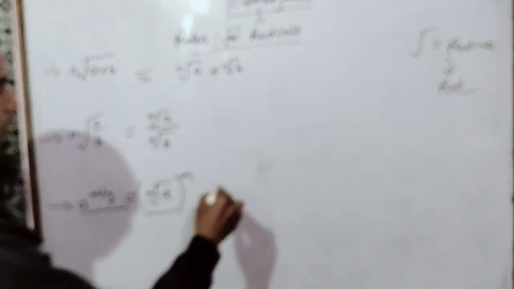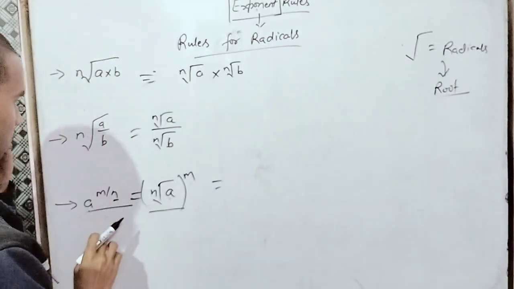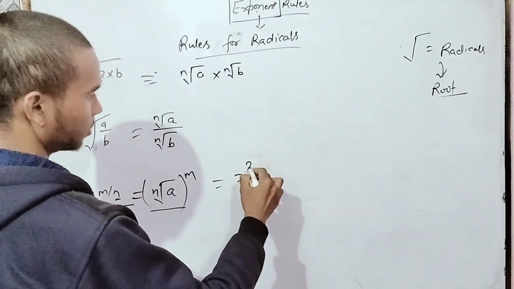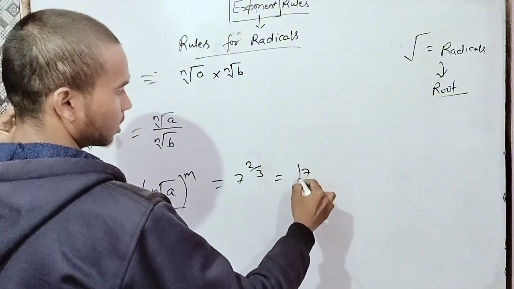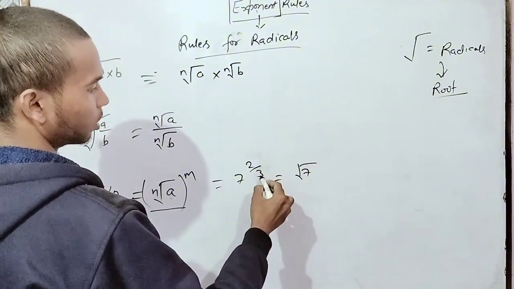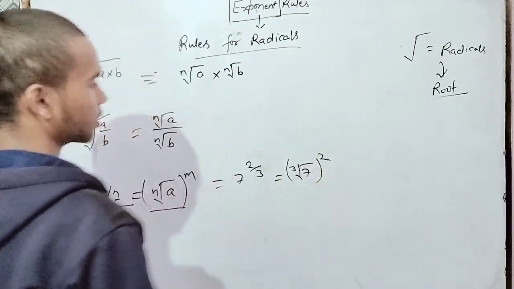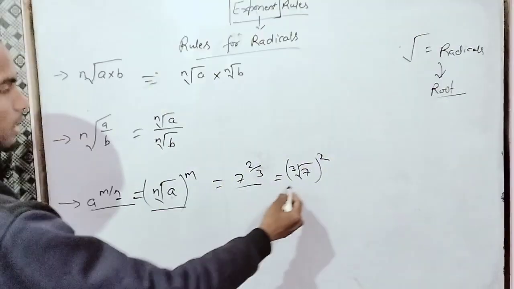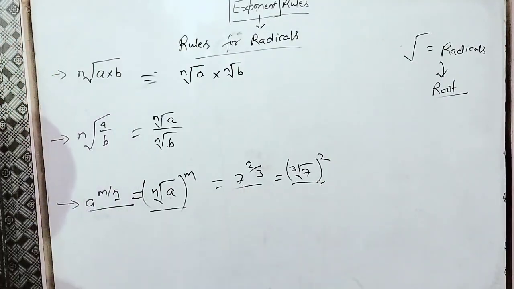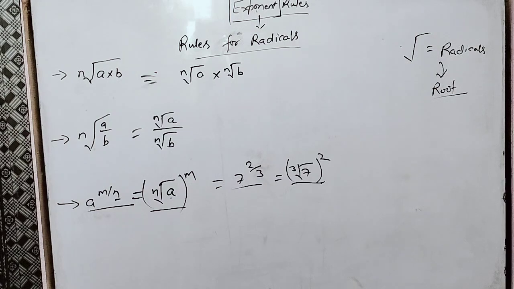So this can be written like that. Clear? This is the base, this is the denominator, and this is the numerator. The numerator will be used as the exponent in this case. Clear? And we solved the question on this rule, 7 to the power 2 by 3. So here 7 is the base, and the denominator number will be written here, and the numerator will be used as the exponent. Clear? So it can be written like that, and like that. Do you understand? These are rules for radicals.